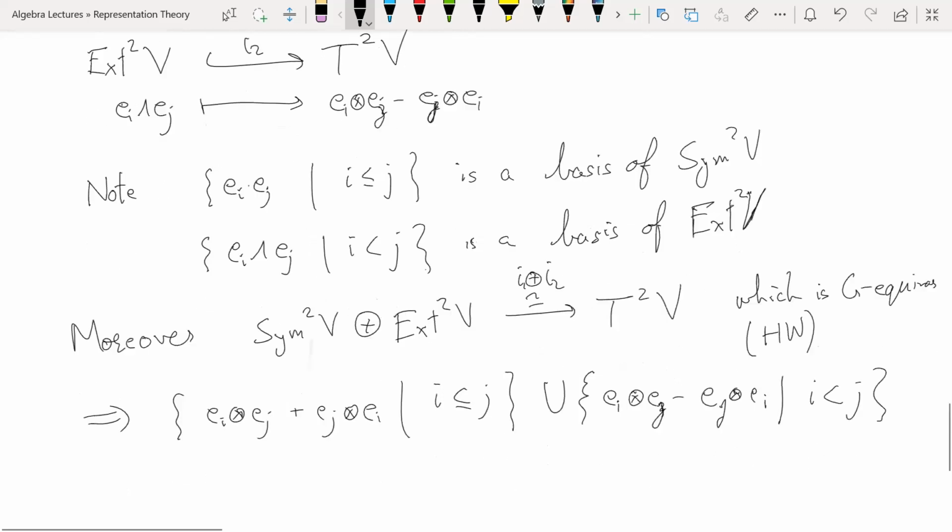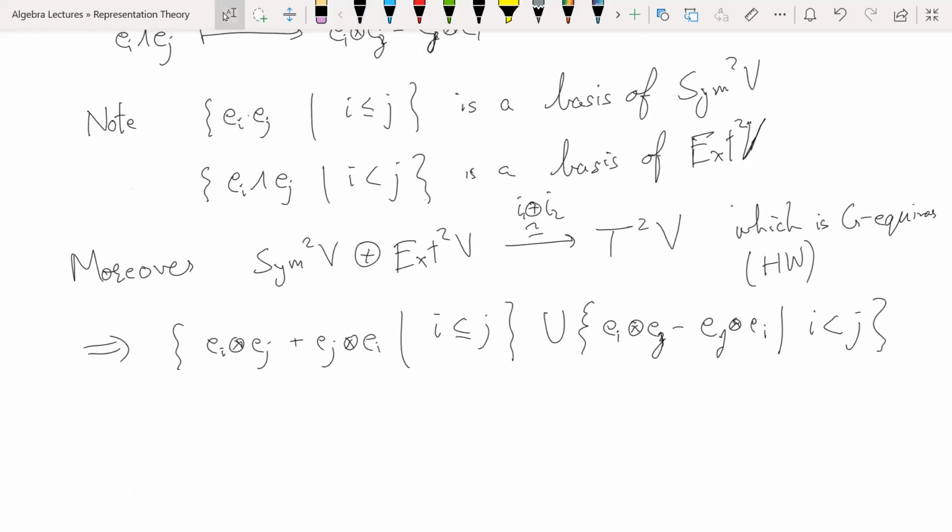So this union, the previous statement implies that this is a basis of Sym^2 V.